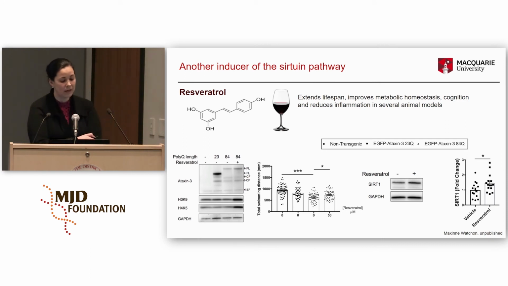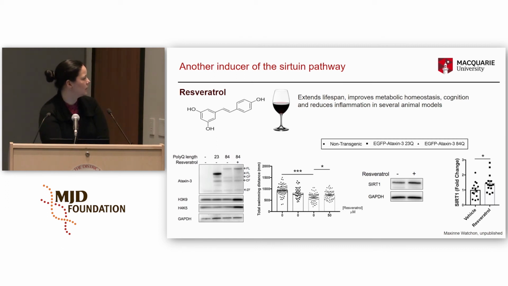Following on from that, we also tested another HDAC inhibitor, which is resveratrol. This is found apparently in red wine, but at extremely low levels, so don't try drinking excessive red wine to achieve this. It has also been reported to be linked with survival and longevity, and it does also induce activity of the sirtuin pathway, and resveratrol has also been shown to have protective effects in an MJD mouse model.